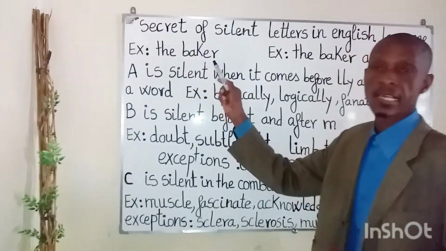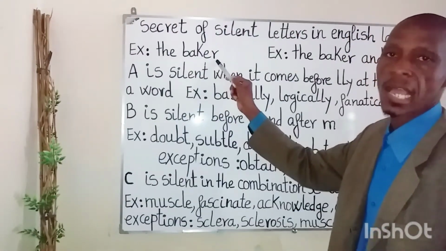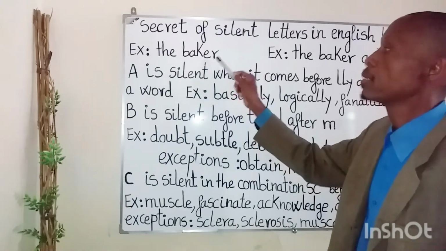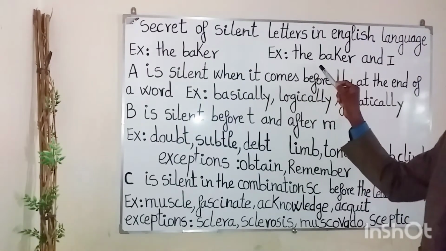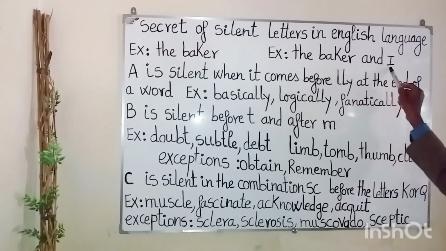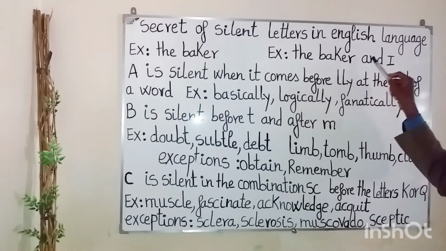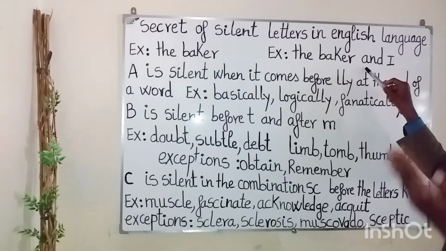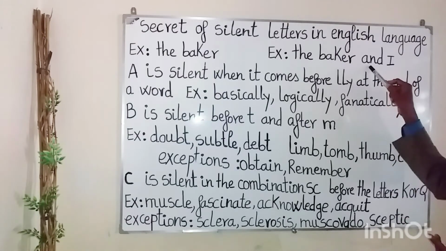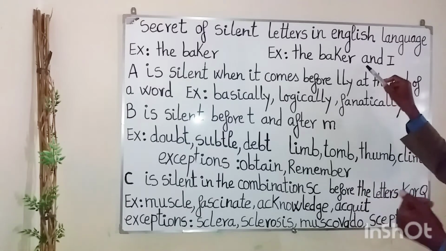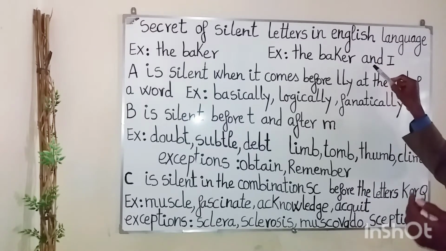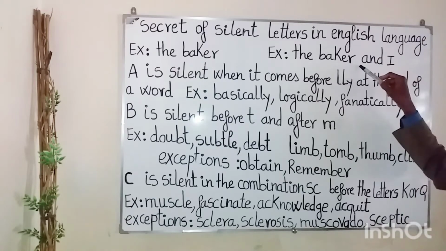The baker, the R is silent at the end. And in the next example, the baker and I, the R is pronounced because the next word that comes starts with A, which is a vowel. So in this case, you could pronounce the R.